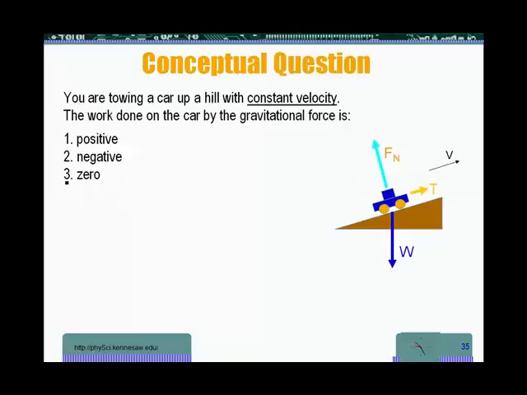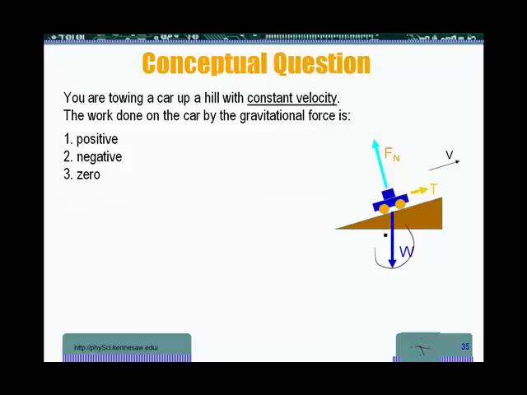Okay, now what about the work done by the gravitational force? Is it positive, negative, or zero? Okay, in this case, it is not zero. We calculated something like this before, though for something going down, not something going up, while this one is going up. So what should we look at?